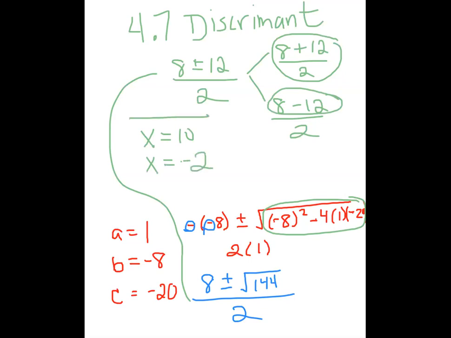So the two x-intercepts on that quadratic are at positive 10 and negative 2. So let me switch this now.